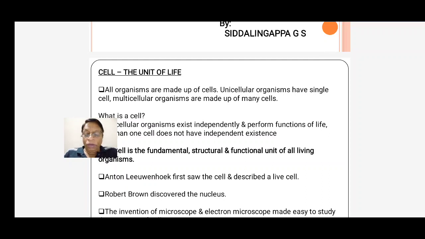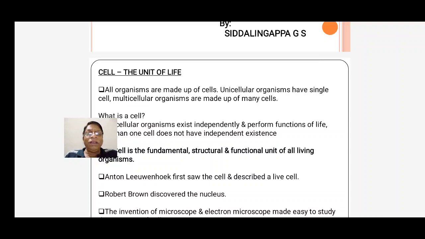Then, how to define cell? Very important thing. A cell is the fundamental, structural, and functional unit of all living organisms or life.